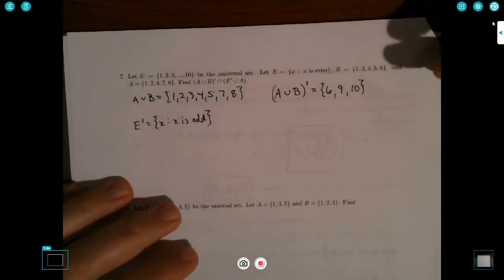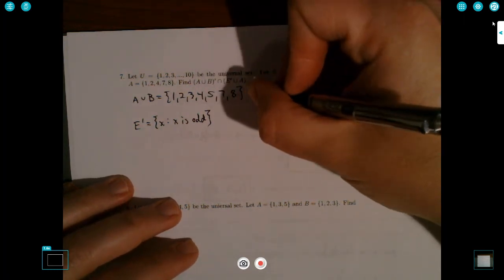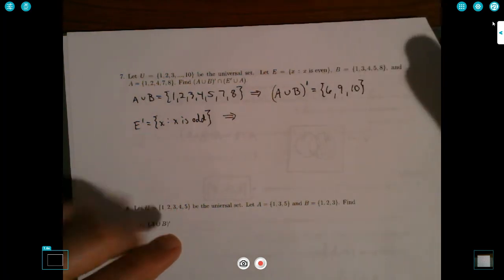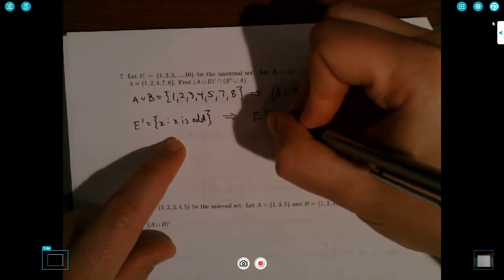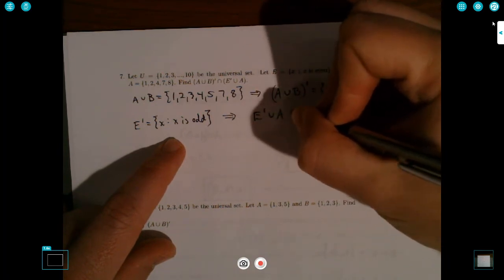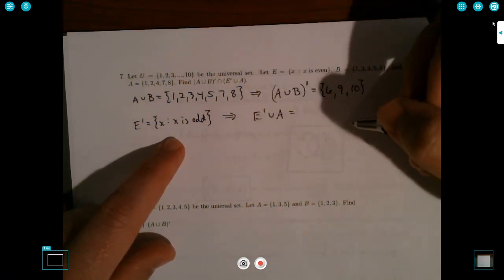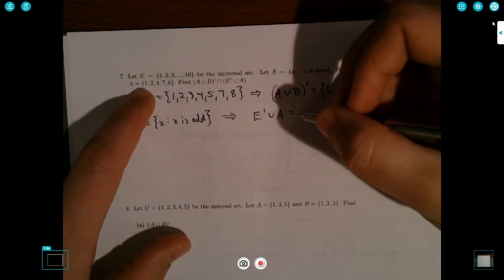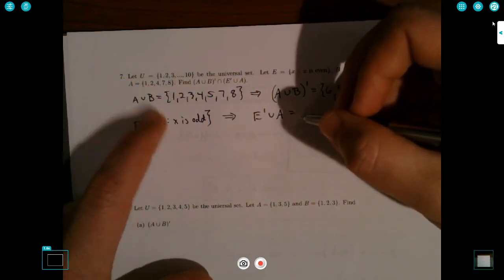You could list them off: 1, 3, 5, 7, 9. But that's E complement, rather. So if E complement is the set of all odd numbers, then E complement union A is going to be... Well, A is 1, 2, 4, 7, and 8, and E complement is all of the odd numbers.